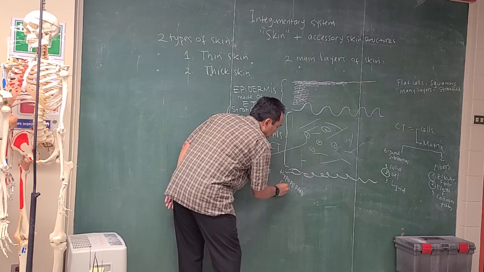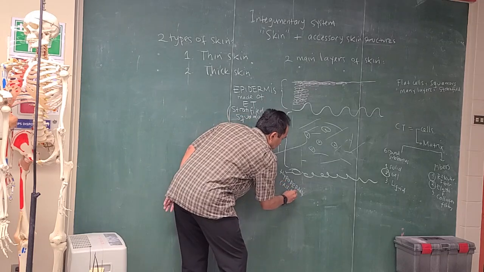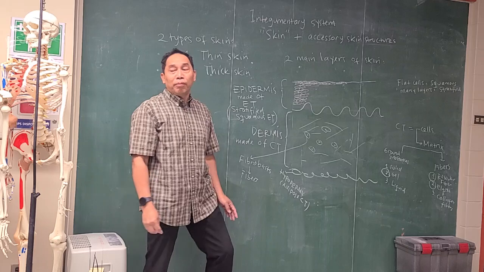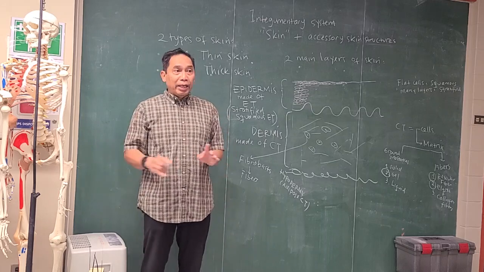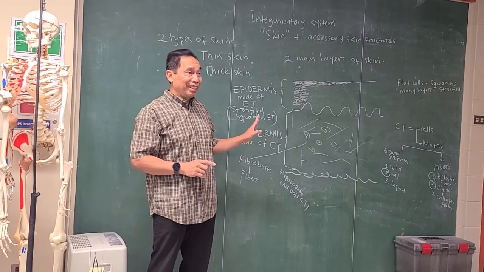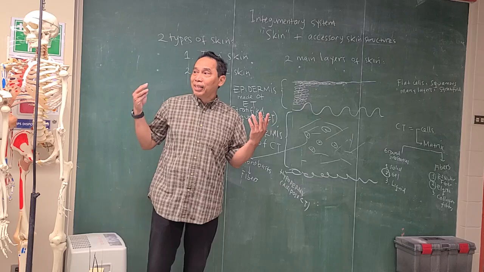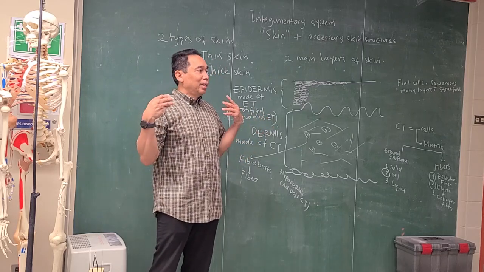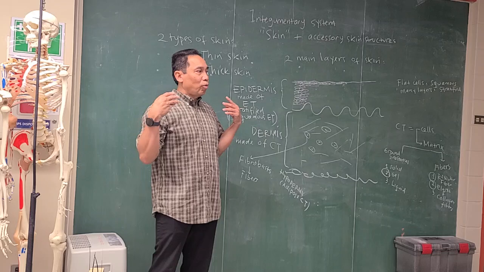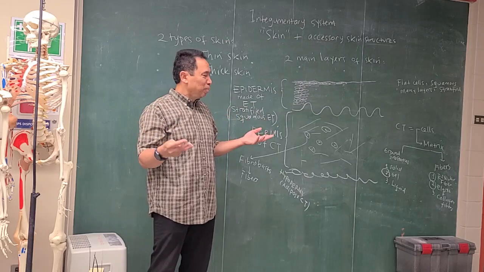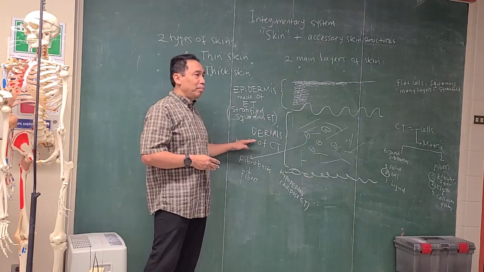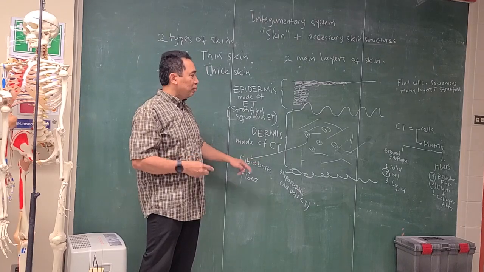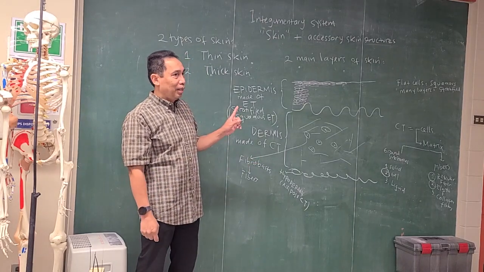Okay, you get this one first? How many layers in the skin? Two. Epidermis is made of stratified squamous epithelial tissue, and the dermis is made of connective tissue. Okay, are you with me?